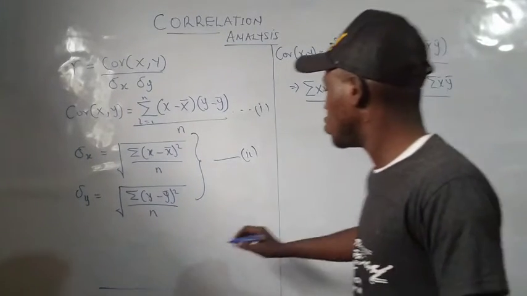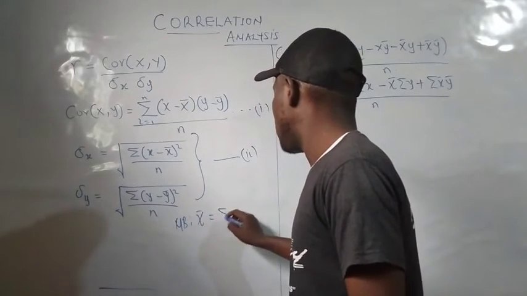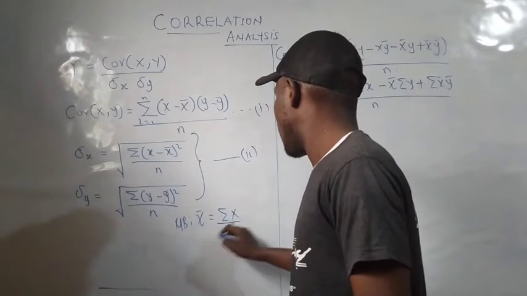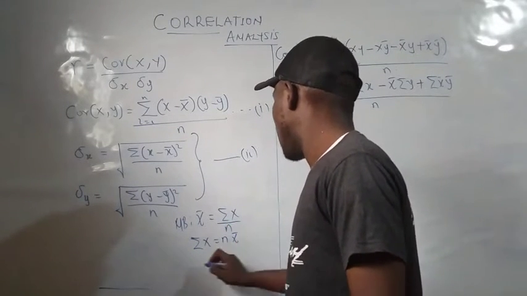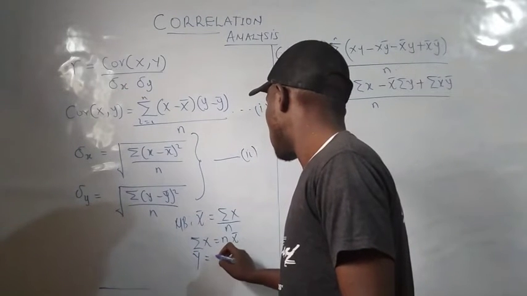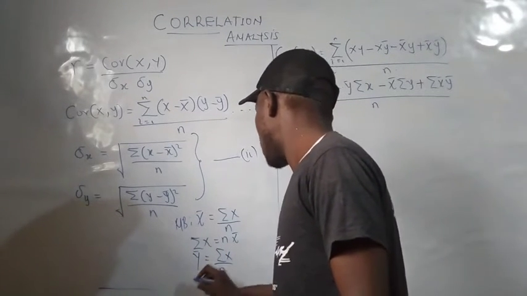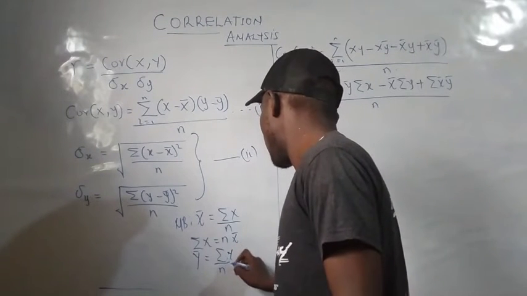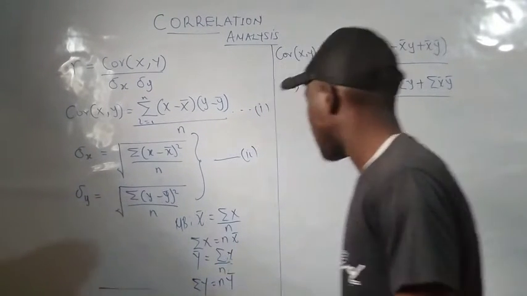Meanwhile, I still want you to have it at the back of your mind that x bar is the mean, like I said initially, summation x over n, so that summation x is actually equal to n x bar, and our y bar is seen as summation y all over n, so that our summation of y is equal to n y bar.